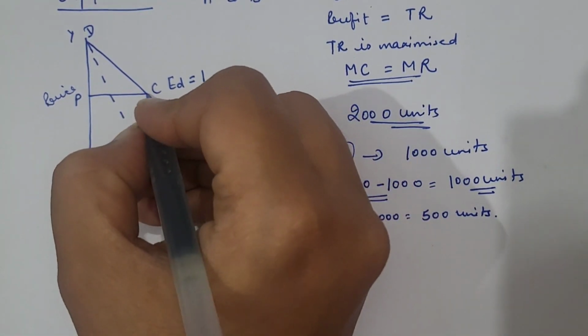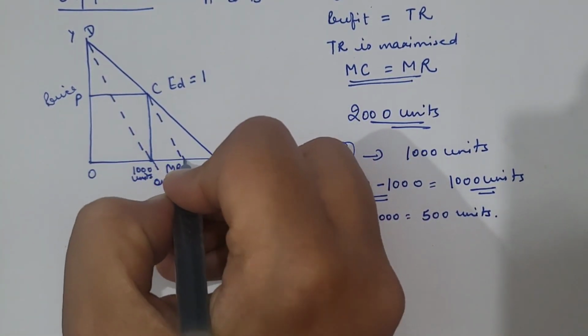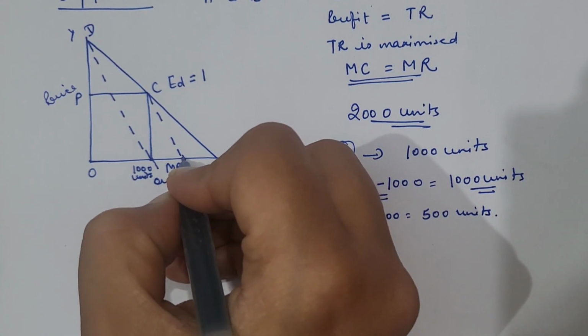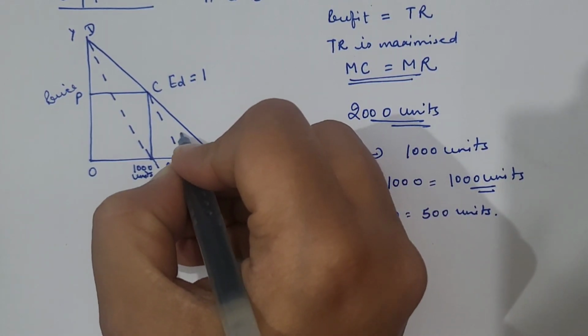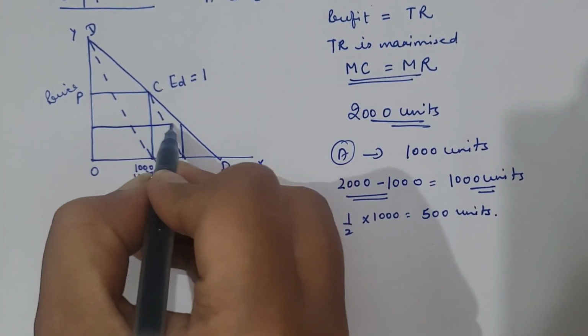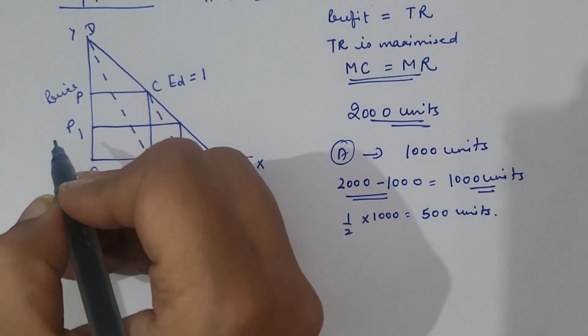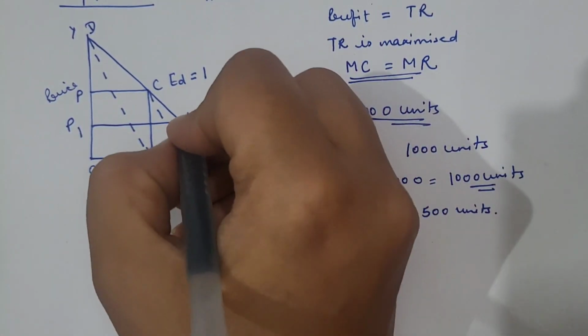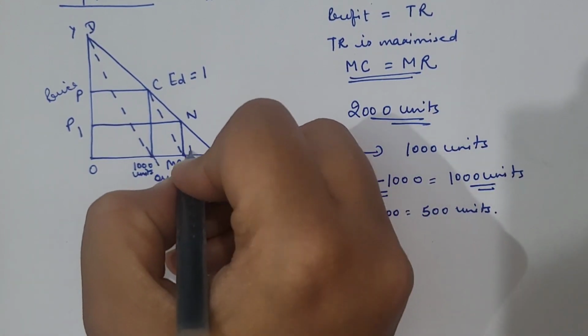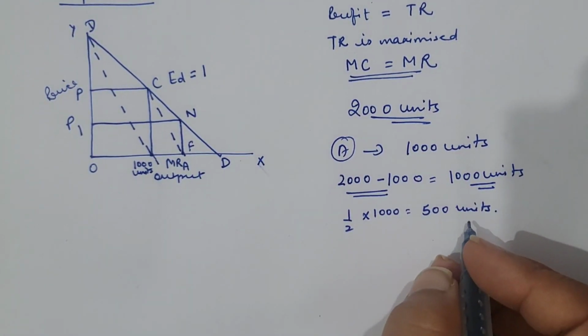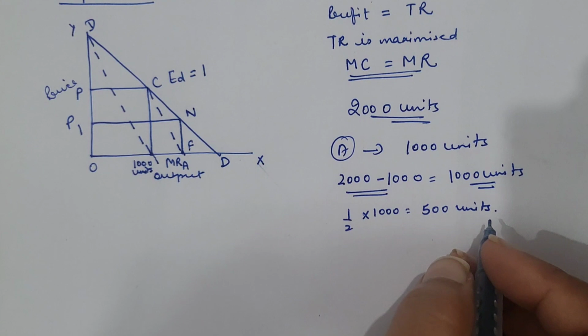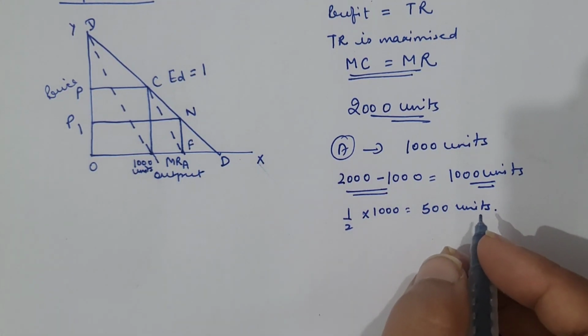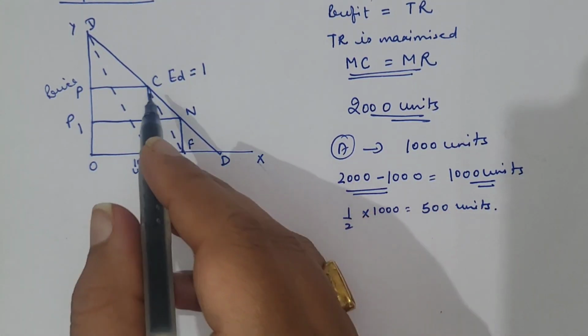So marginal revenue of B firm, this is the equilibrium point and this is price. This firm will produce 500 units. CD portion of total market demand curve D.